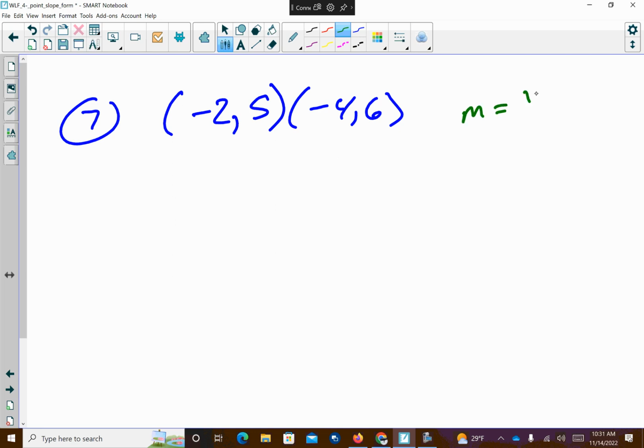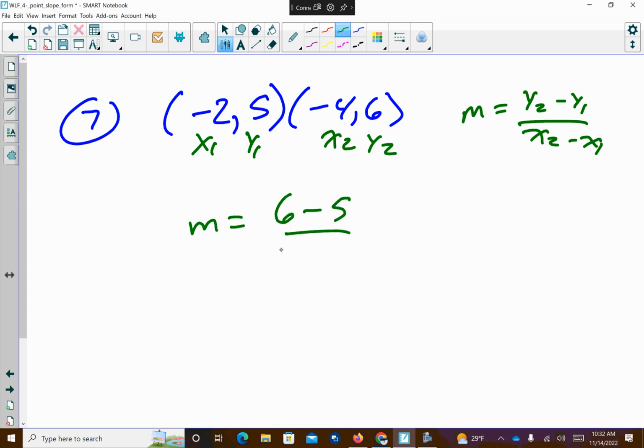Yeah. So I'm going to label it x1, y1, x2, y2. So my slope is going to be 6 minus 5, negative 4 minus minus 2, which is 6 minus 5, negative 4 plus 2, which is going to give me 1 over negative 2. That's my slope.